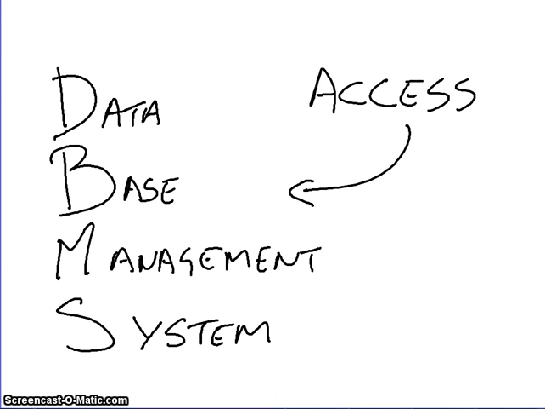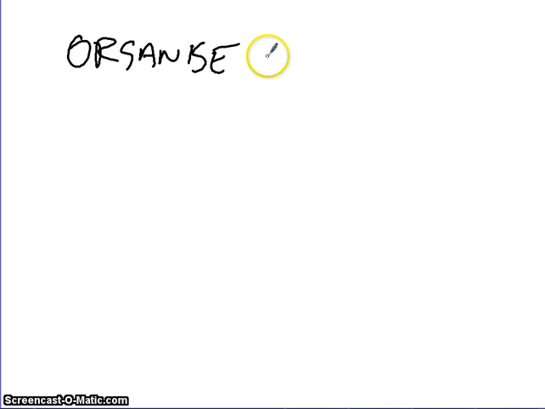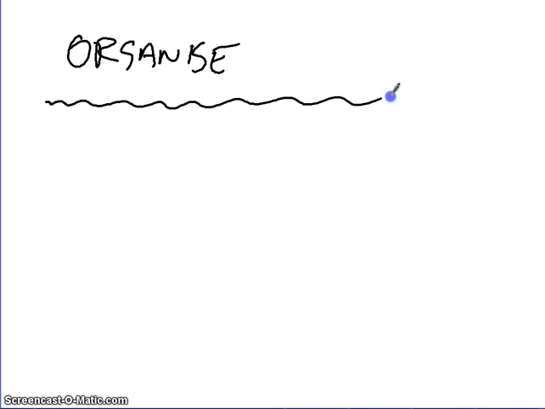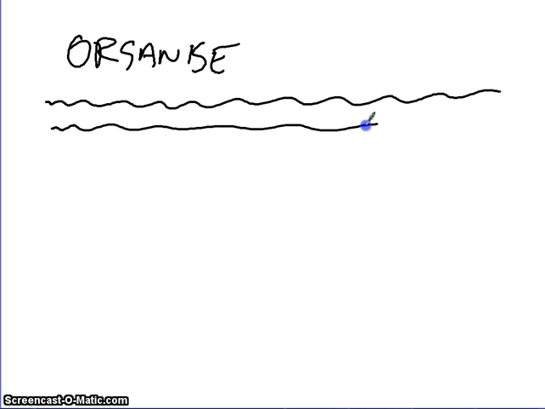Now, database management systems are used to organize the data into a form that you can understand. Because if you tried to look at data, you would just have lines and lines and lines of data, and your brain just couldn't handle all that information. So we use a DBMS to split them apart.